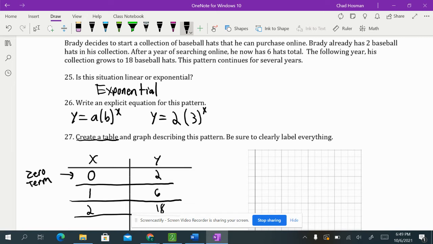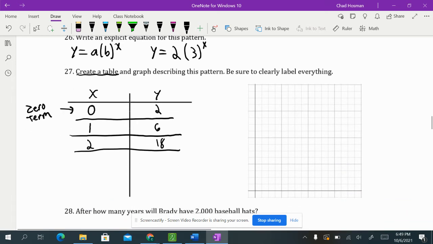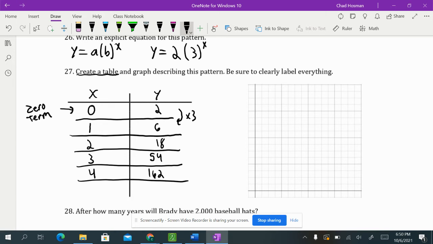So we have y equals 2 times 3 to the x. Right, and we can kind of keep this pattern going, right? We can go 3, 18 times 3 is 54. Right, we can go 4, and we get 162. Right, and all we're doing is we're multiplying by 3 each time, right? We're just keeping that pattern going.